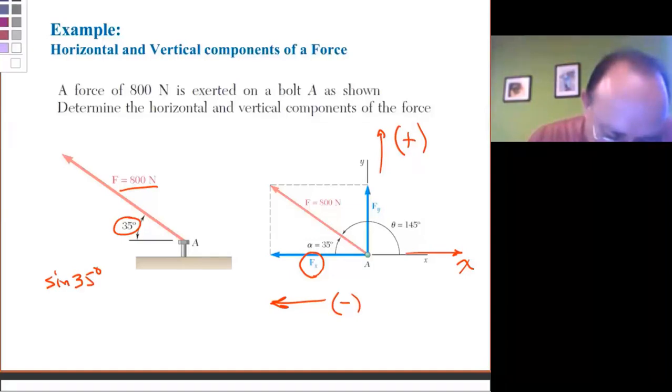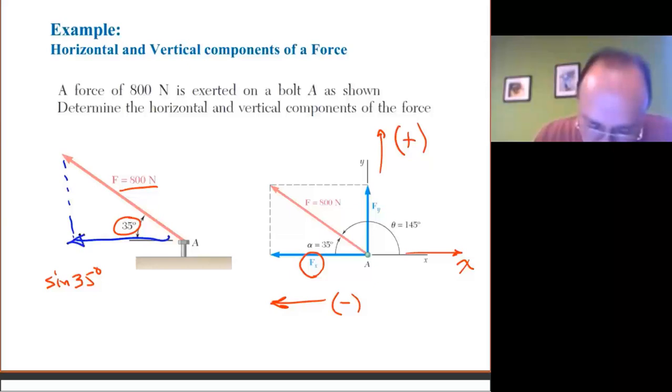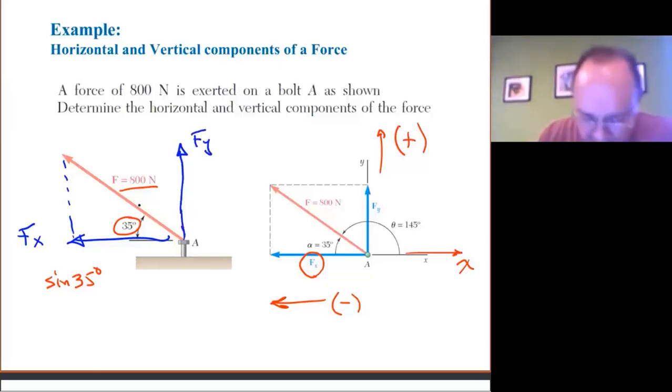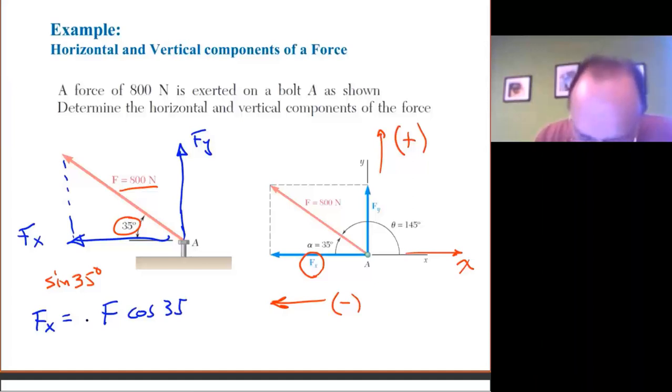Let's say you are trying to calculate the components of this vector here, Fx, and the component of this here, Fy. You can do this Fx as F cosine of 35, but then you have to put the sign manually, right?